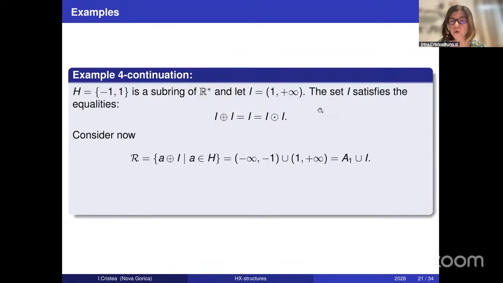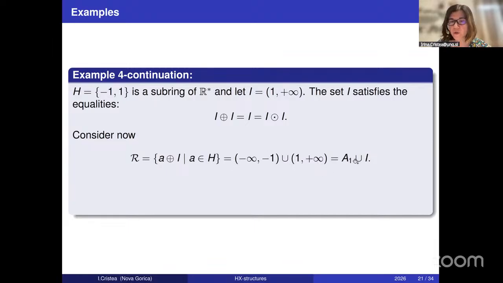And then, notice that also here we have to take the elements as in a construction of a quotient, similarly as in the case of HX groups. So if R is the set of the elements A plus I, plus the interval I, we obtain the union between two intervals.